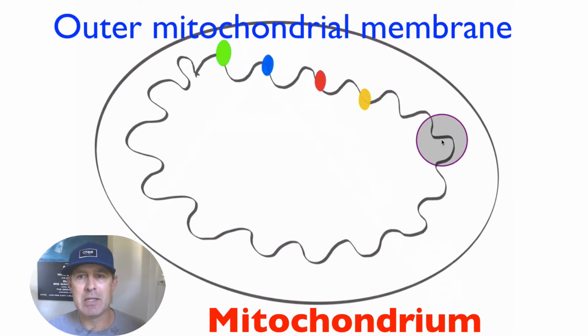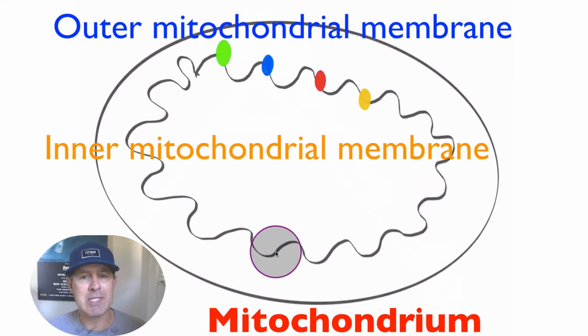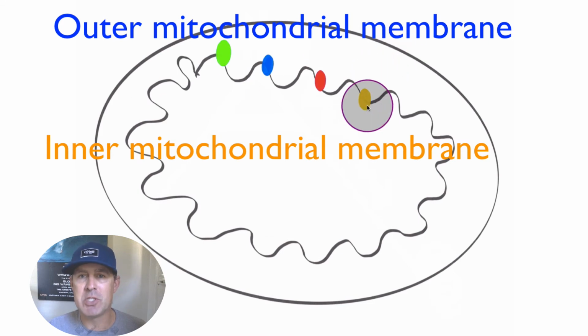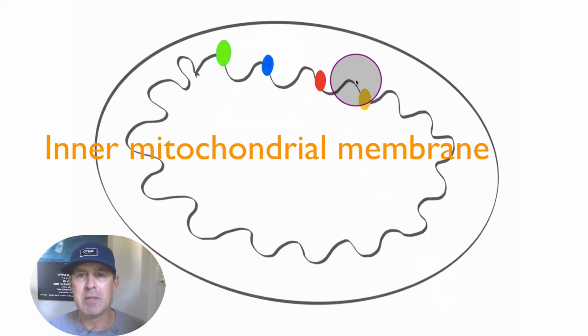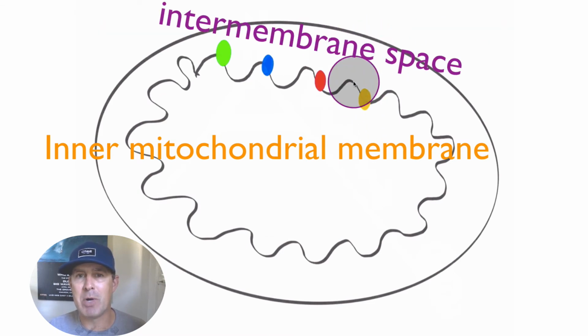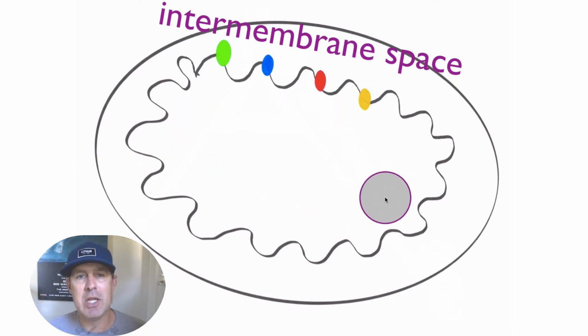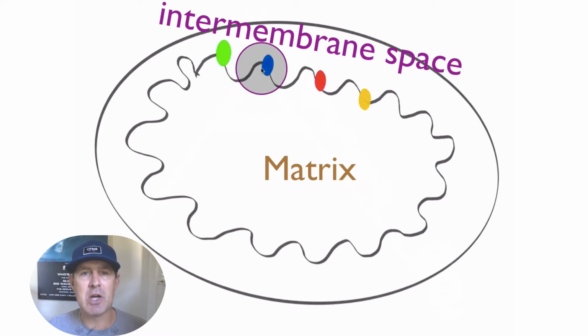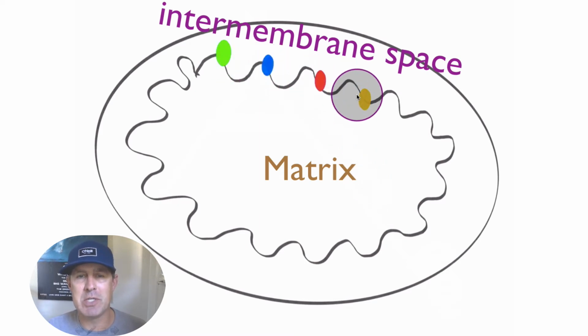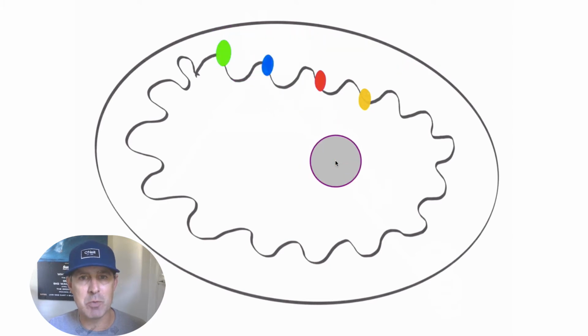The black line right here represents the inner mitochondrial membrane. The space between these two membranes is the intermembrane space, and the space in the middle is known as the mitochondrial matrix.